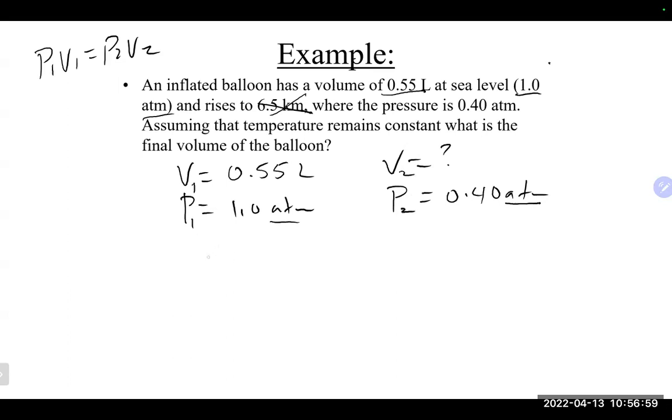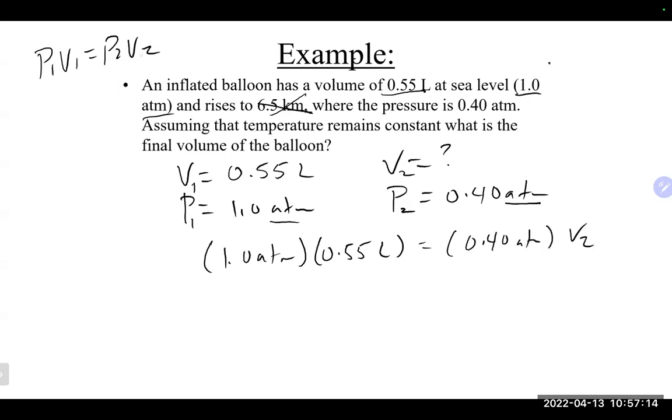So in this case, we would have our 1 atmosphere times our 0.55 liters equals our 0.4 atmospheres and our V2. Obviously, we're solving for V2, so we're going to take P2 to the other side, so that they cancel.